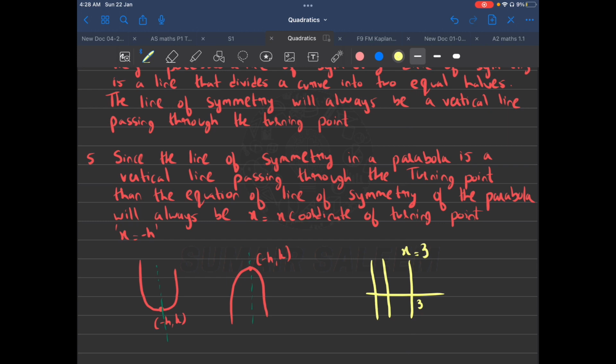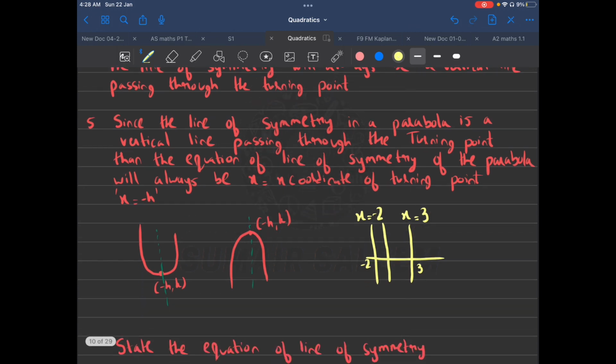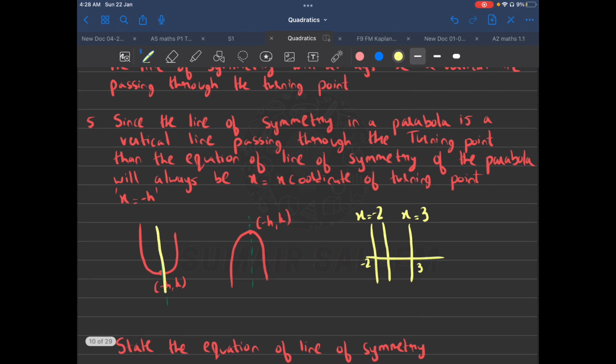Let's suppose the line is at minus 2. So the equation will be x is equal to minus 2. The equation of a line of symmetry is always the x coordinate of the turning point because it passes through the turning point. So here my equation will be x is equal to minus h.